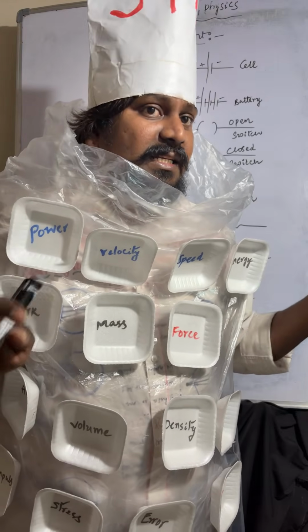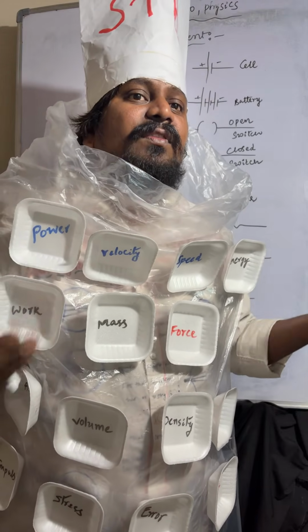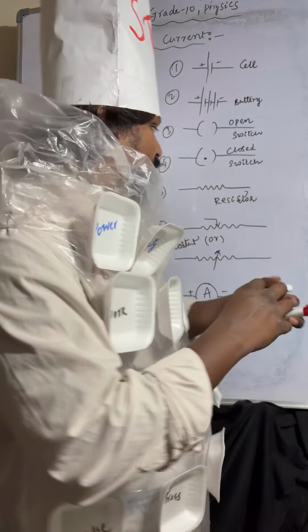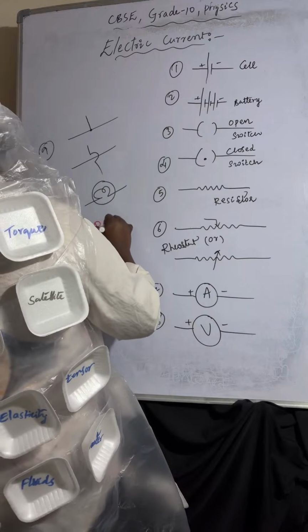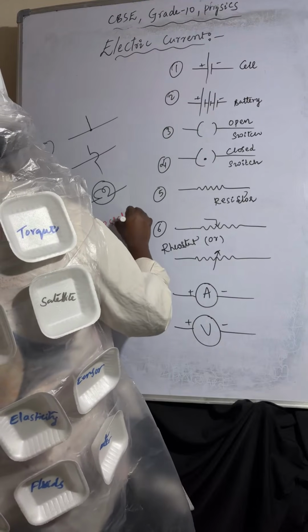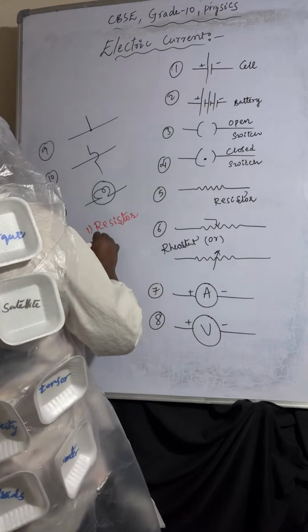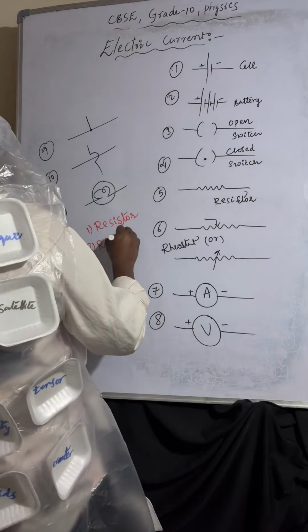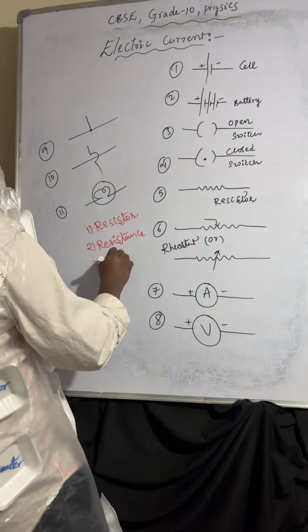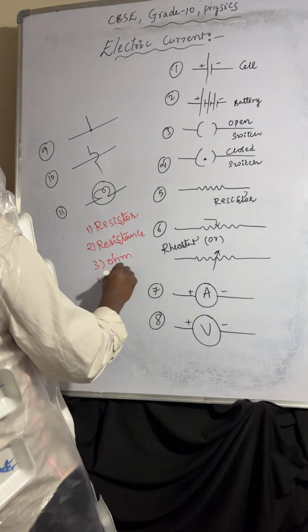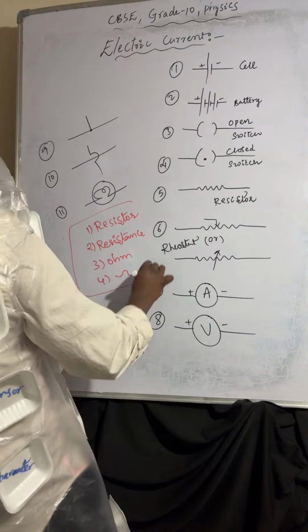Resistance is the phenomenon of opposing the electric current. So these are 4 points: resistor, resistance, unit, and symbol.